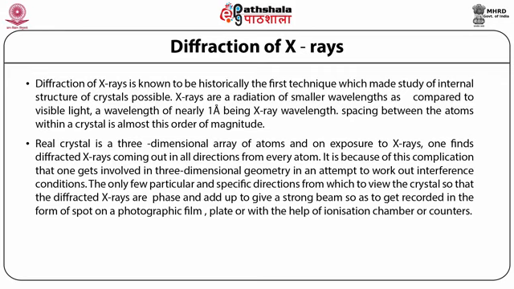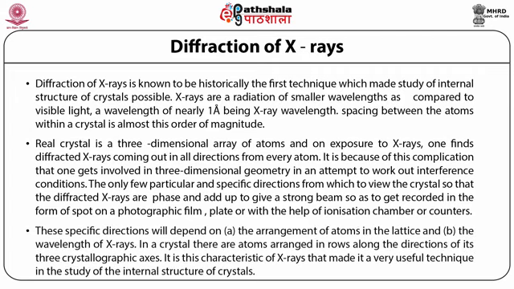There are only a few particular and specific directions from which to view the crystal so that the diffracted X-rays are in phase and add up to give a strong beam, so as to get recorded in the form of a spot on a photographic film, plate, or with the help of an ionization chamber or counters.